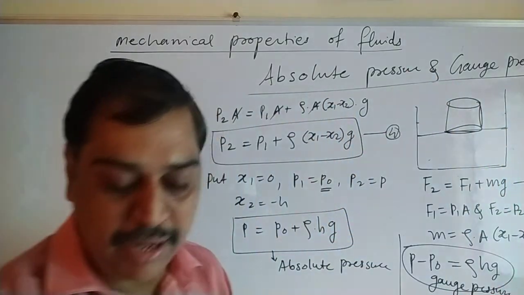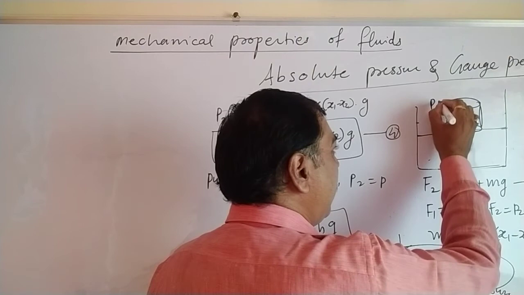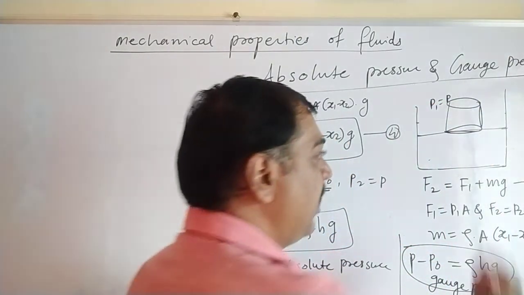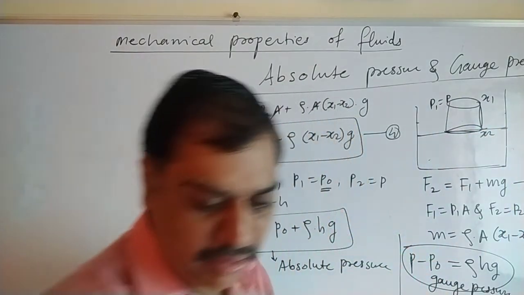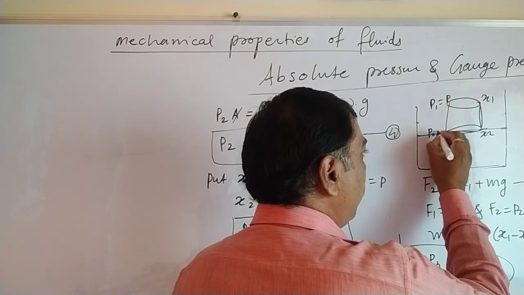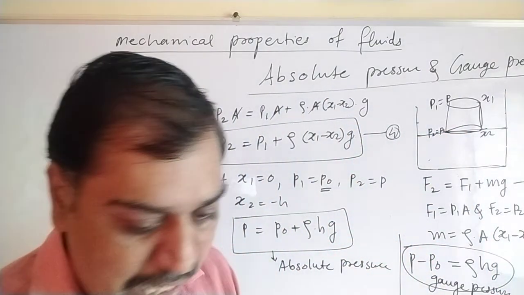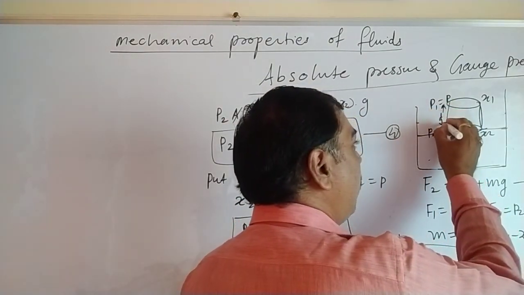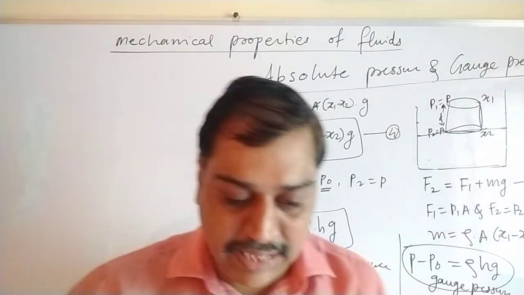The parameters remain the same. Here P1 equal to P, suppose. It is x1 here, and x2 at the bottom. Here P2 equal to P0, atmospheric pressure, and this is a distance d above the fluid level.